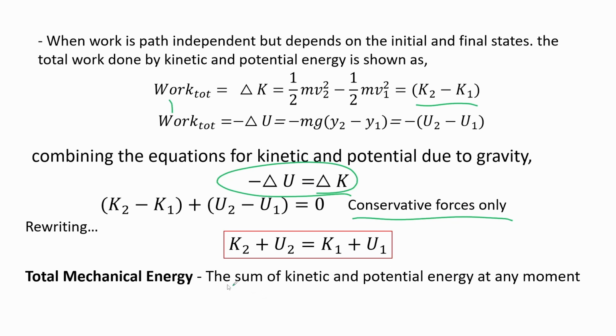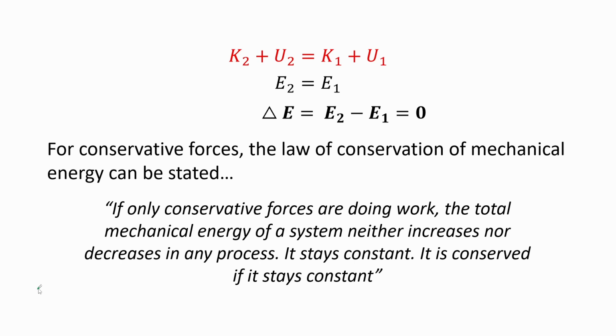So the sum of the kinetic and potential energy is called the total mechanical energy. Okay, so this one is the mechanical energy at state 1. This one is the total mechanical energy at state 2. The change in mechanical energy is equal to 0.